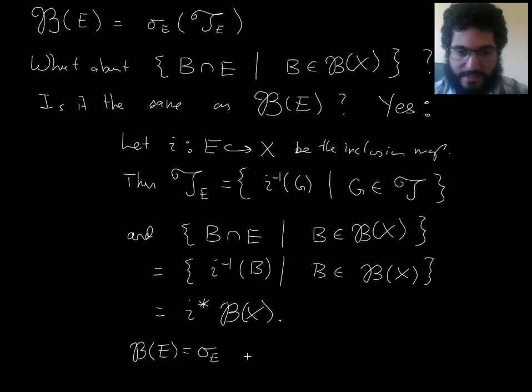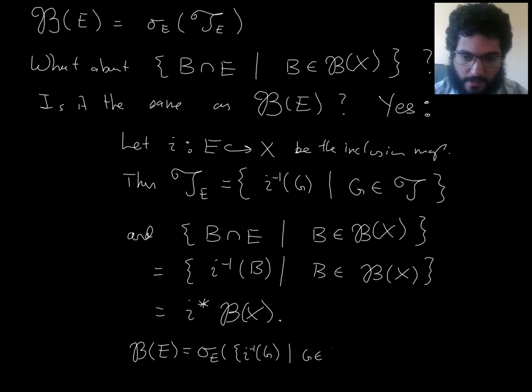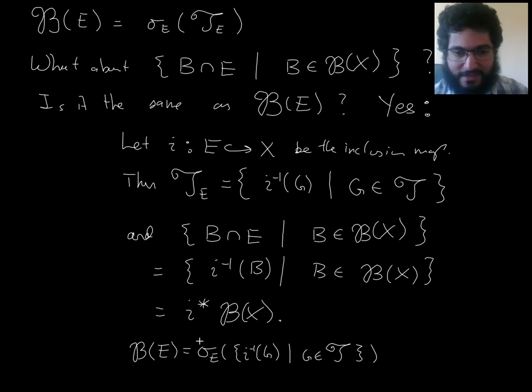Which I have just described like this: the collection of preimages of all the open subsets of X under the inclusion map. So is the sigma algebra generated by the pullback of the topology the same as the pullback of the sigma algebra generated by the topology?